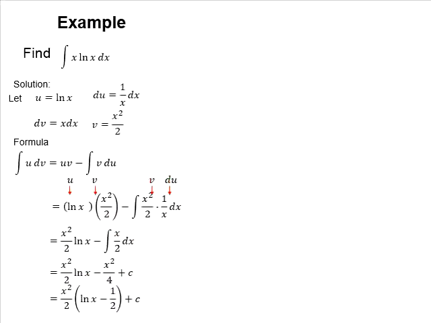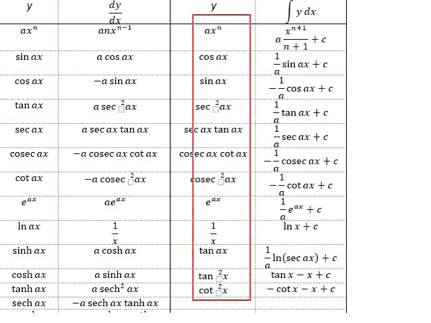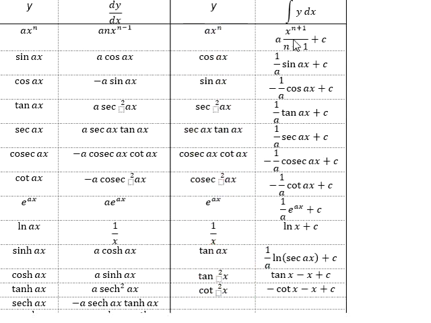Let us try another example. In this case, it is x ln x dx. Normally, we use the first term as u. In this case, we use ln x as the u. The reason is there is a formula for us to differentiate ln x, but we do not have the formula to integrate ln x.